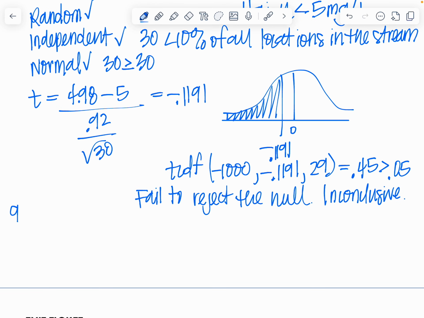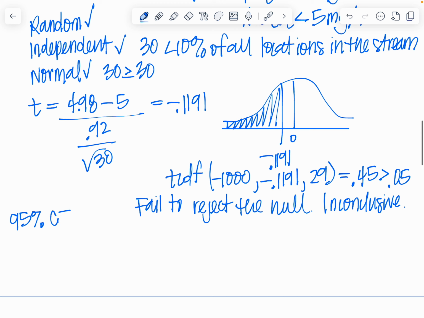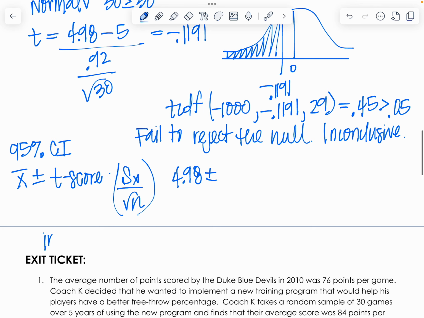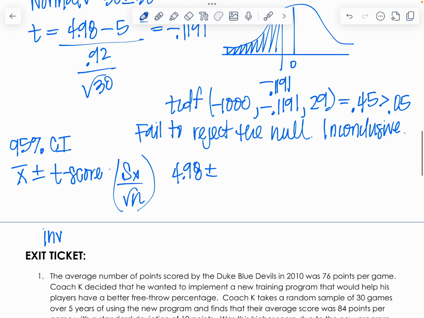So now we're going to do a 95% confidence interval, CI, where we start with our X bar value. Then we have a t-score as our critical value times that sample standard deviation over the square root of n. So X bar was 4.98 plus or minus, we'll say inverse t.